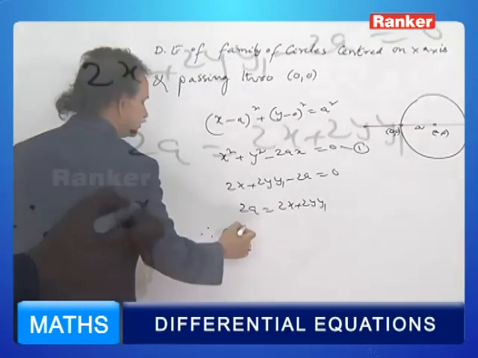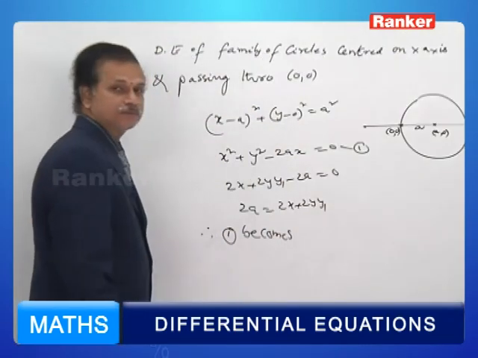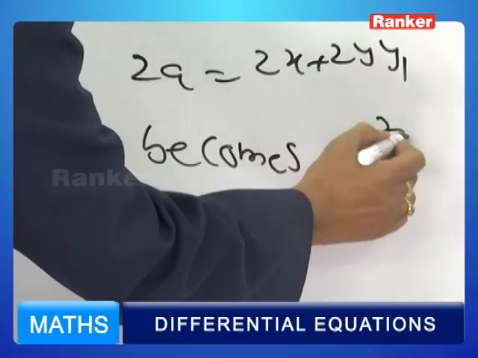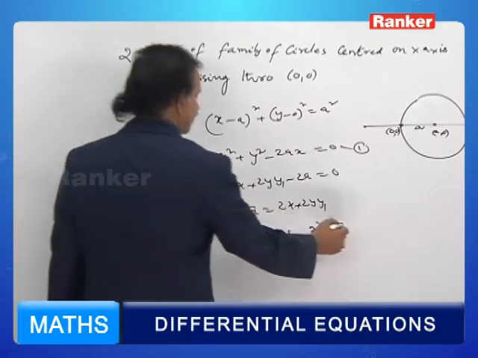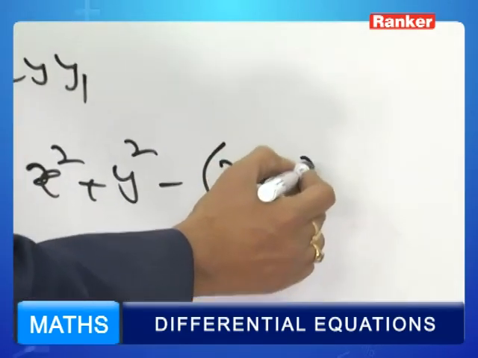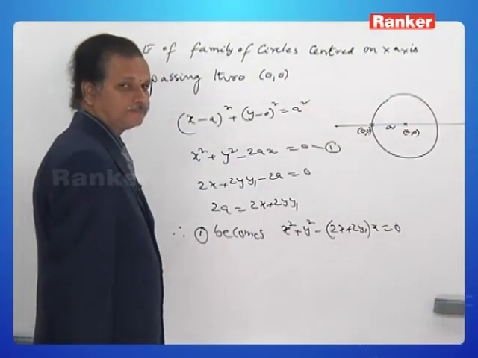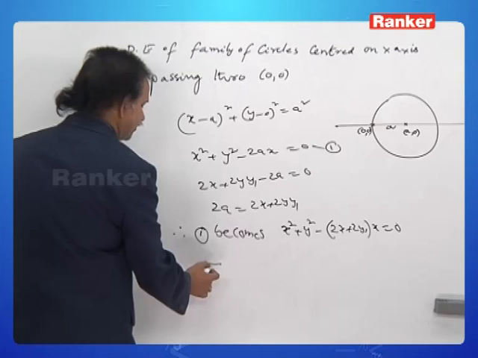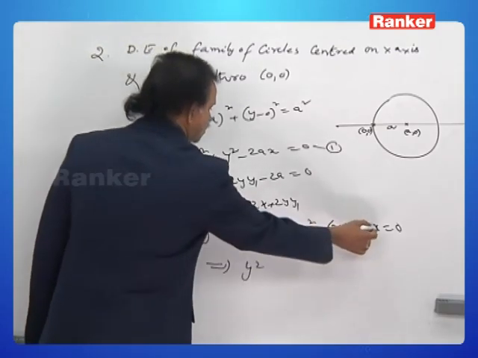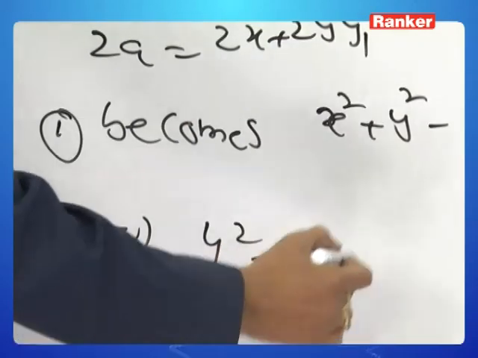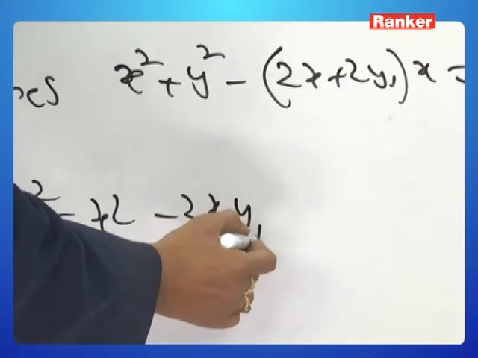Therefore 1 becomes x square plus y square minus, in the place of 2a, what can you write? (2x plus 2y y1) into x is equal to 0. As a result, what are you going to have? y square, x square and minus 2x square. So minus x square plus y square minus 2xy1 is equal to 0.